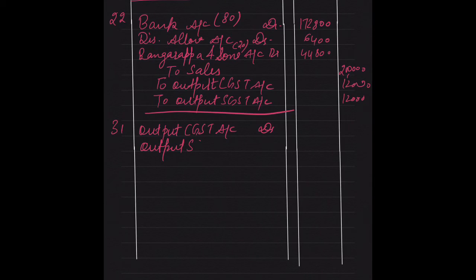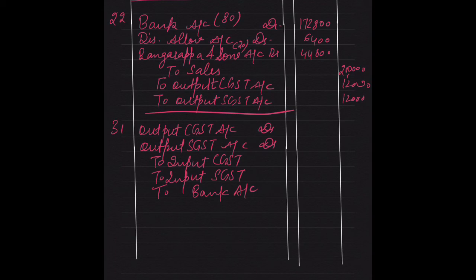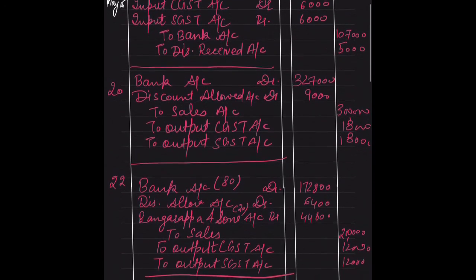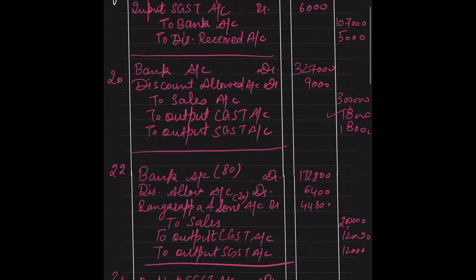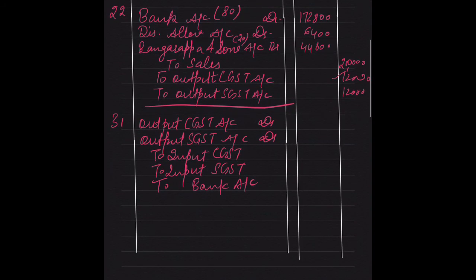Output CGST account debit, output SGST account debit, to input CGST, to input SGST, to bank account. Total of all the output: 18,000, 12,000, and so on. The total is 30,000 and 30,000.